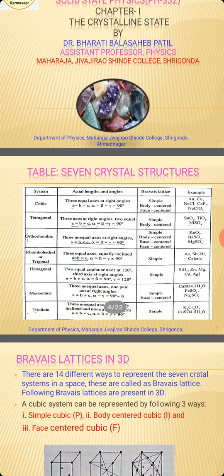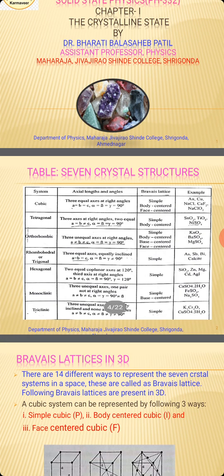Let's revise the same. Unit cell is the basic building block of any crystal structure, and it is classified into two basic types, primitive and non-primitive unit cell. Primitive unit cell is a cell which consists of atoms present at 8 corners of the unit cell.